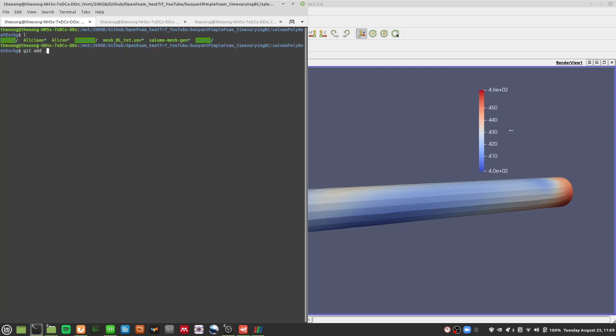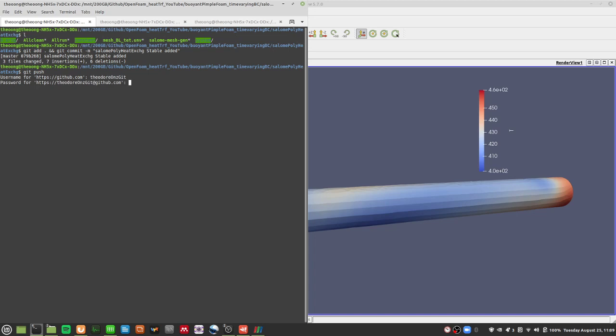Git add dot and git commit with the message salome poly heat exchanger stable added. Okay, and I'm gonna git push it to GitHub, and these files will be available for you to use and experiment around with.